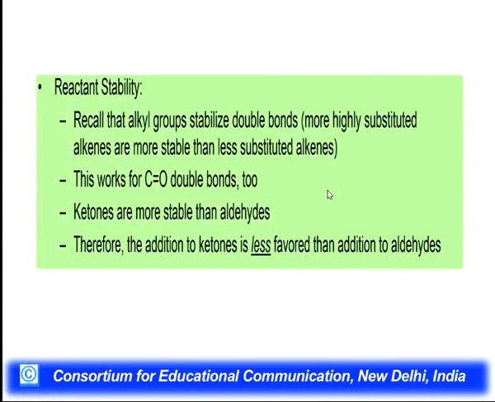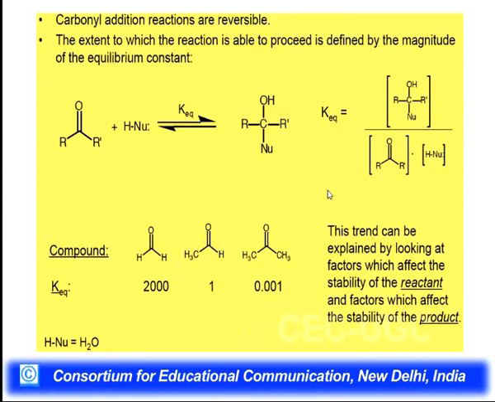Why is this the case? If you look at the nature of the reactant and the product, then if the factors are stabilizing the reactant, the rate of reaction will be slow.